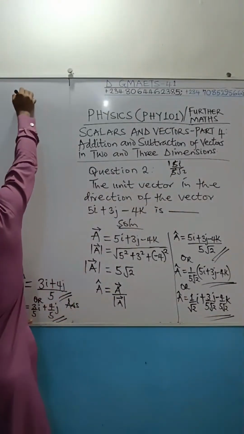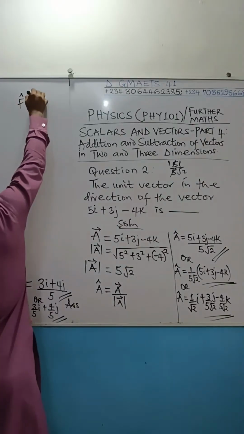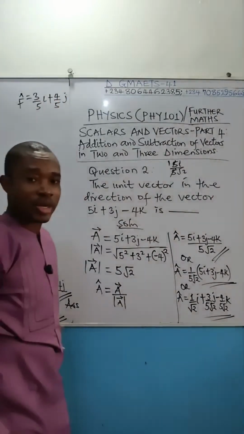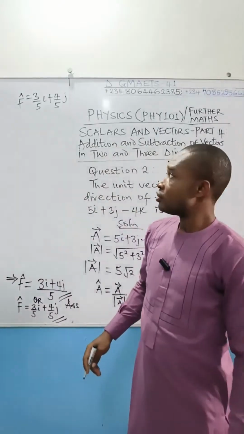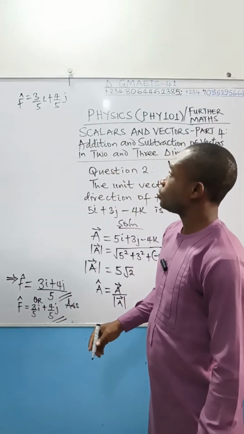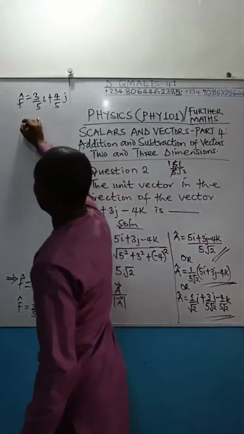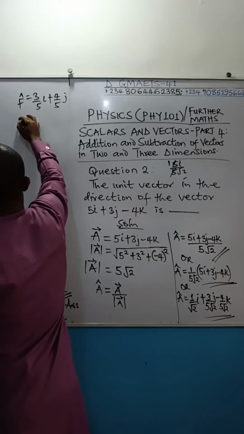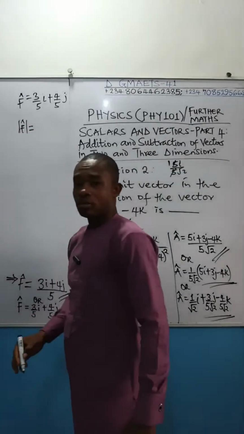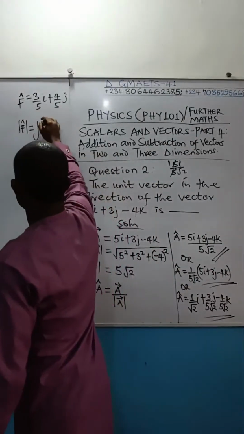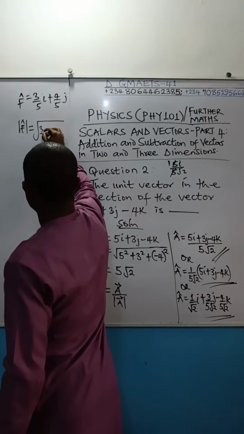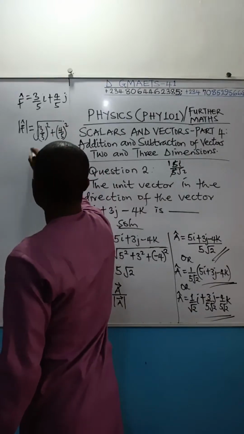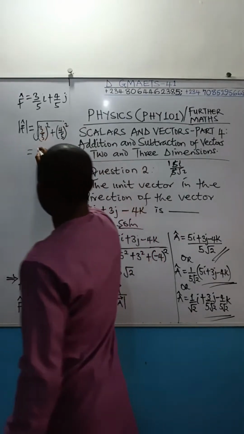Now we have this unit vector equal to 3 over 5i plus 4 over 5j. It's a unit vector; that's what we calculated. As a unit vector, we are to determine its magnitude to show that yes, the magnitude of a unit vector is equal to 1. So this is going to be the square root of 3 over 5 squared plus 4 over 5 squared.